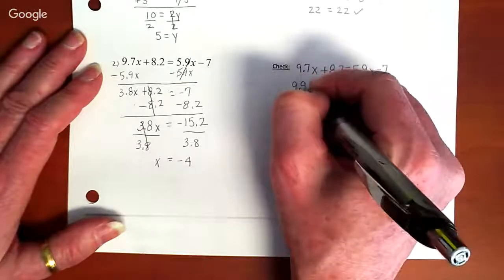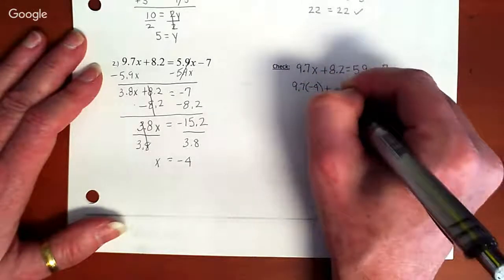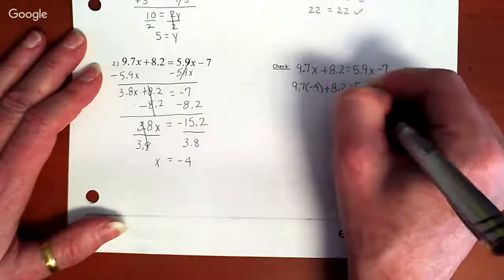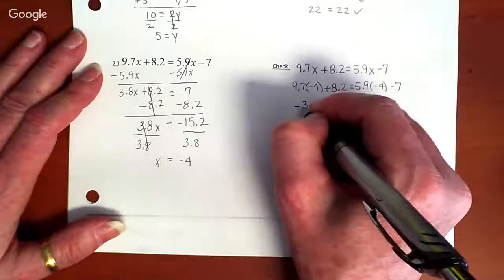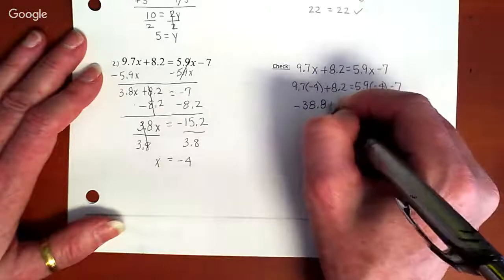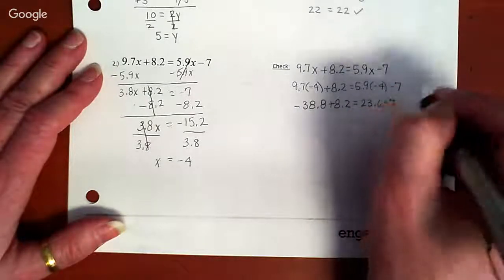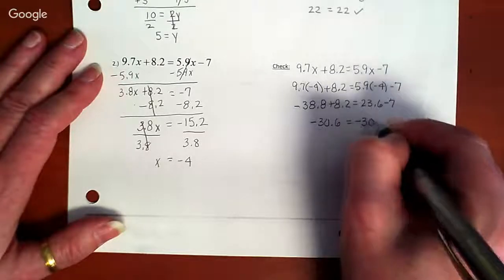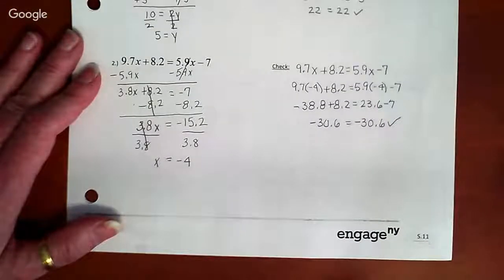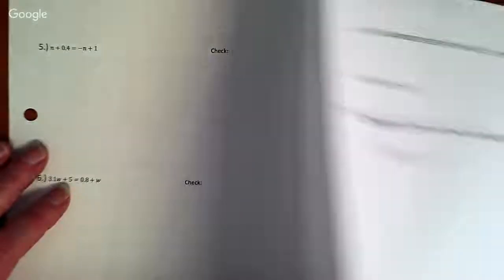So replacing my x with negative 4, and doing the math to both sides, we see that both sides do match and equal. And that is our lesson for today.